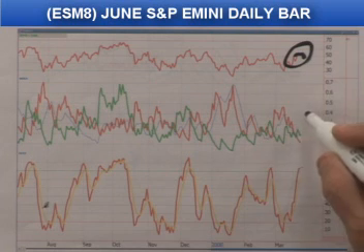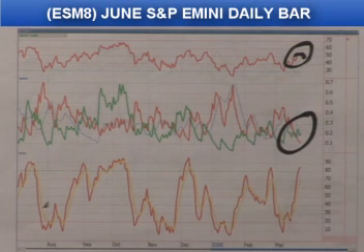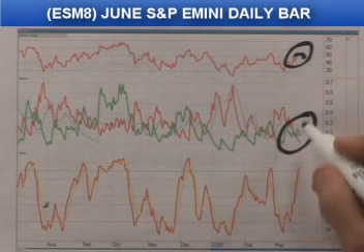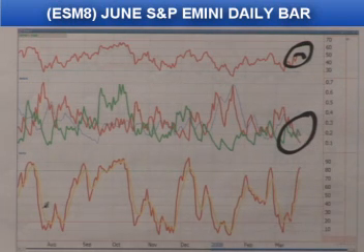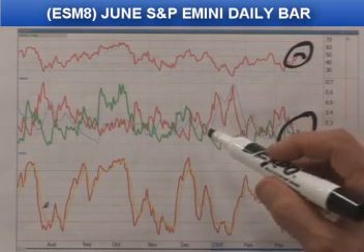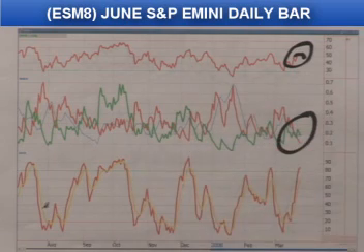Then you have the WADX, the Average Directional Movement Indicator. When the green is pointing down and the red starts pointing up, you have a bearish indication. Opposite would be when the green is pointing up and the red is pointing down. That's a bullish indication. Right now we have a bearish indication. Another indicator pointing towards the downside.